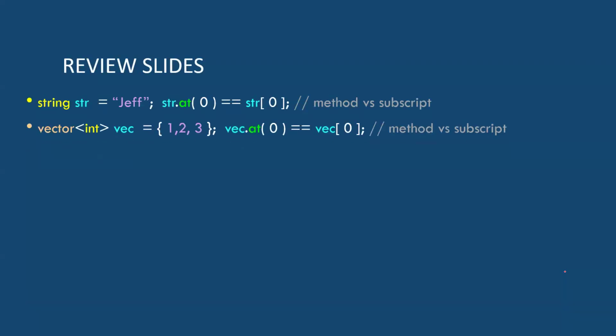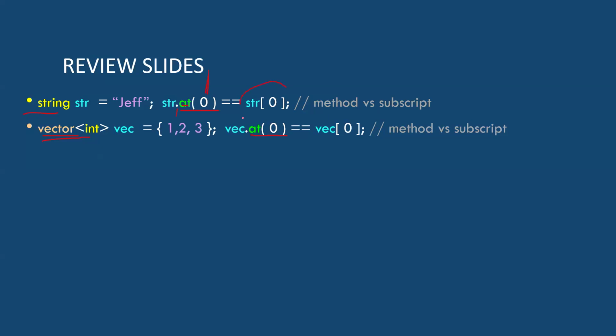So we kind of saw that with the string and data type vector, we can use the methods. We learned later on that these are classes, and classes have methods, just like your car class that you design. And so we're saying string dot at position 0. We're asking the at method, of course, what's at position 0, right? So that is the method.